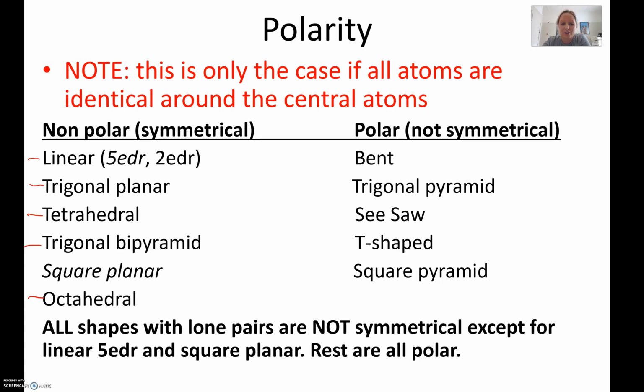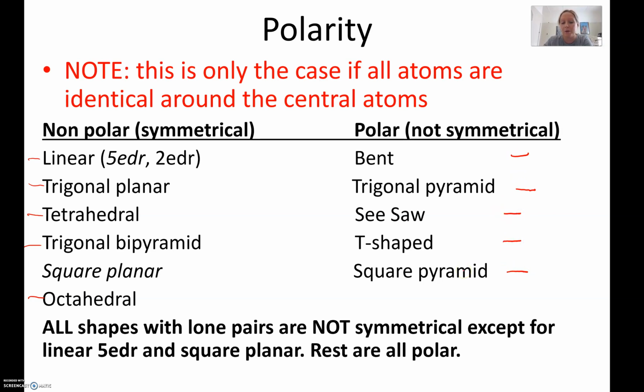There are two exceptions, and I'll come back to those in a second. Now, all of your shapes which will always be polar, because they're not symmetrical and there's nothing that'll ever change with this, because there are lone pairs, are bent, trigonal pyramid, seesaw, T-shaped, and square pyramid.